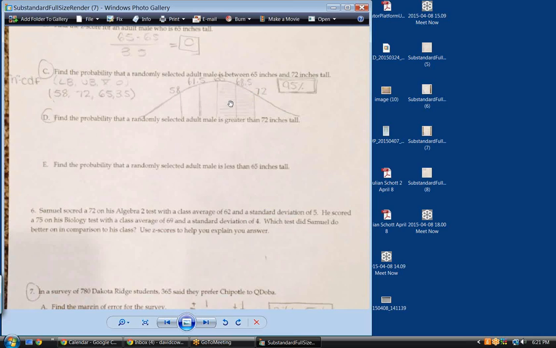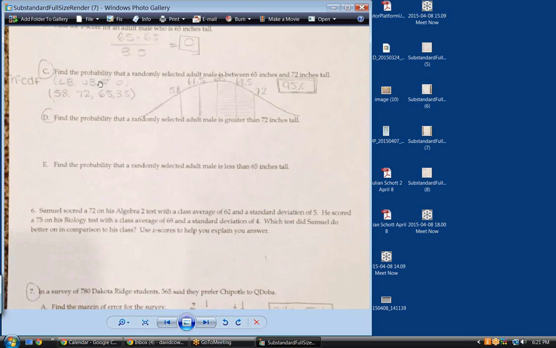Yeah, it's going to be 47.5%. Okay. And that looks right. In other words, if you're throwing darts at this thing, you would have less than a 50-50 chance of hitting this part. 50% of the curve is from there all the way to there. And you said it equaled 47? 47.5%. Okay.